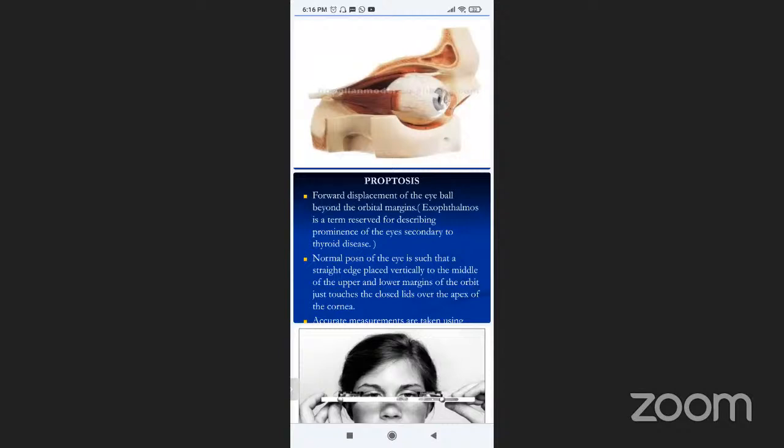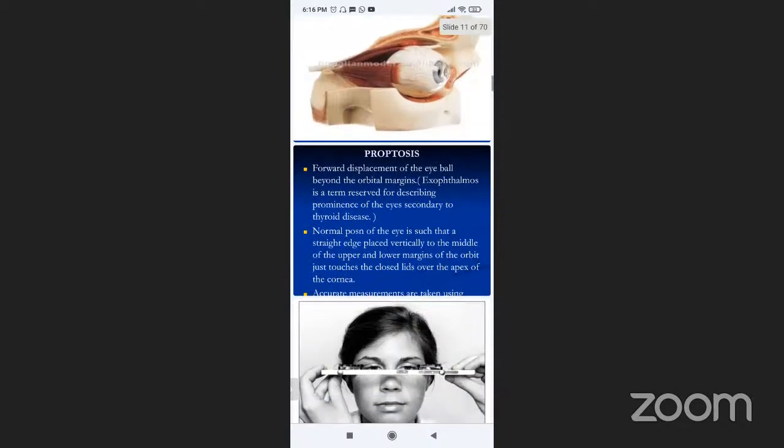If there is proptosis, you cannot touch both the superior and inferior orbital walls over the eye, that is, the eyeball will be pushed out of the orbital margin. That is proptosis. So there is a clinical method to assess this, to know whether the eye is proptosed or not.